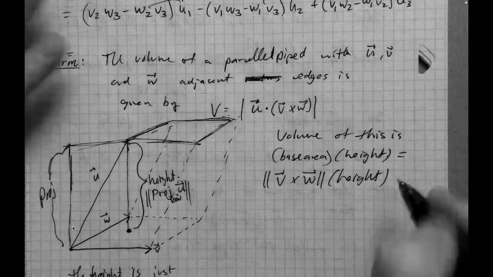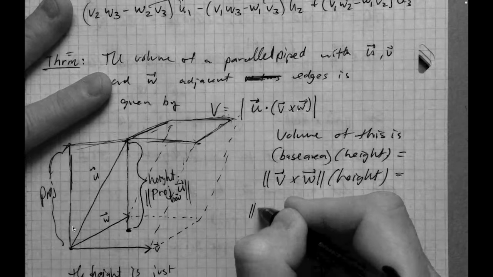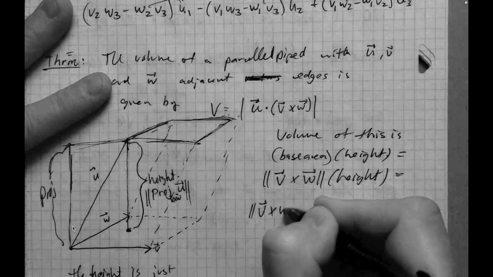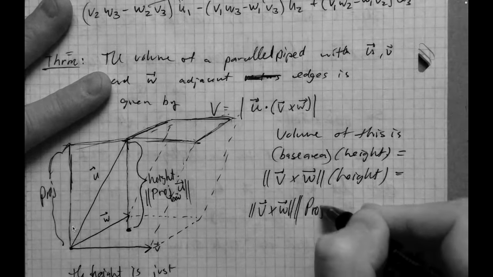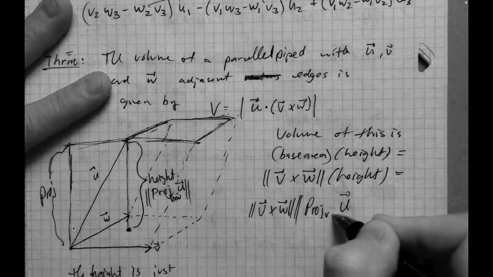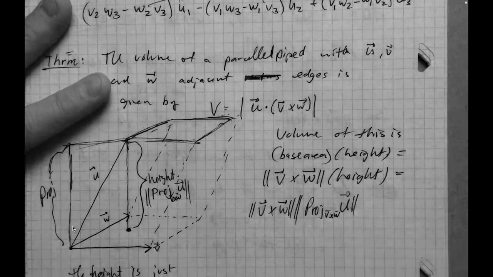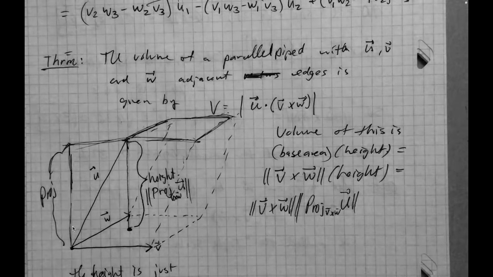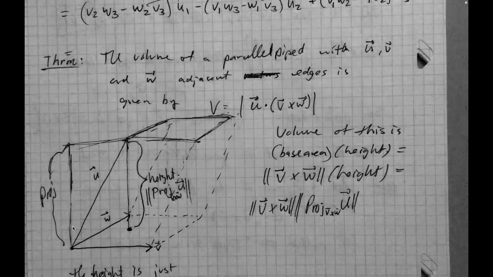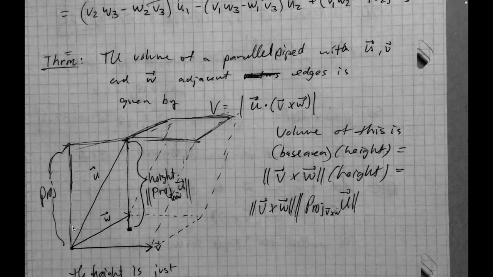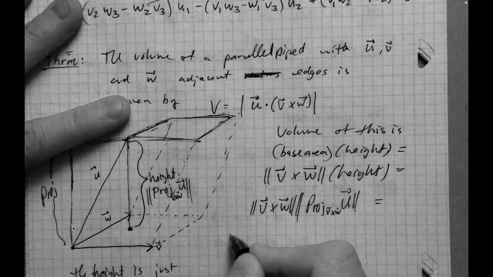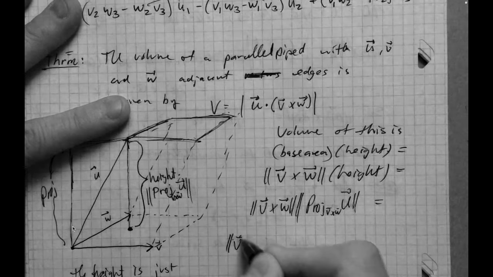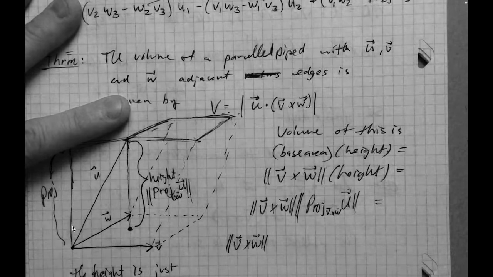So that means you've basically got the norm of v cross w times the norm of the projection of u onto v cross w. That must be the volume. But what is this projection business? Well, we have the v cross w out front.